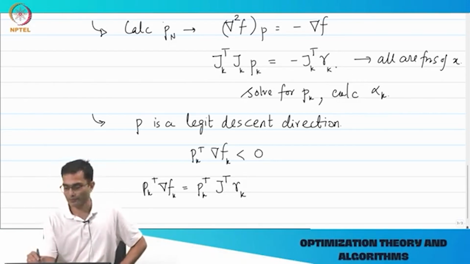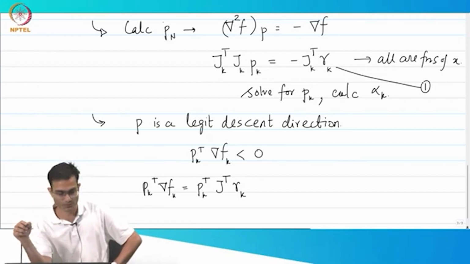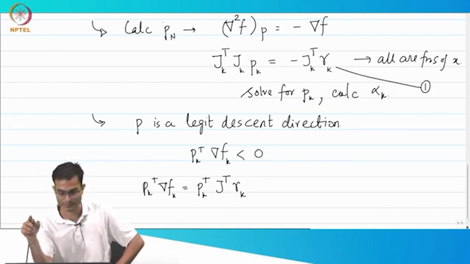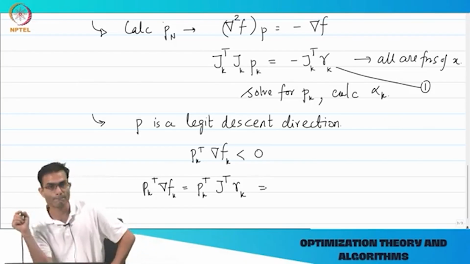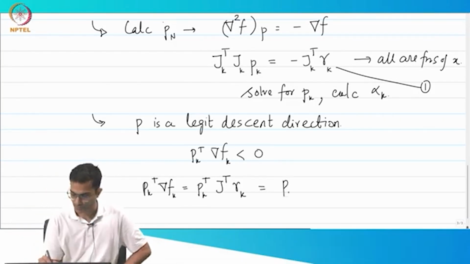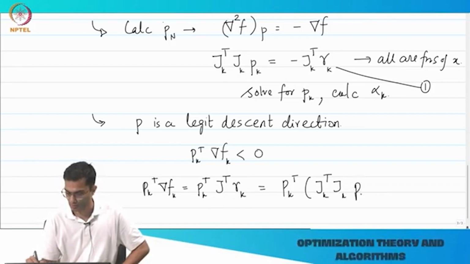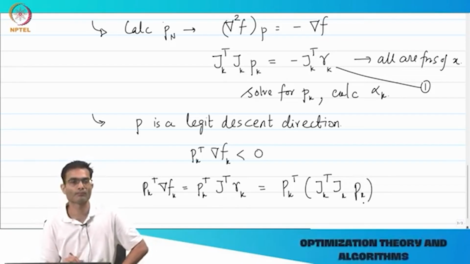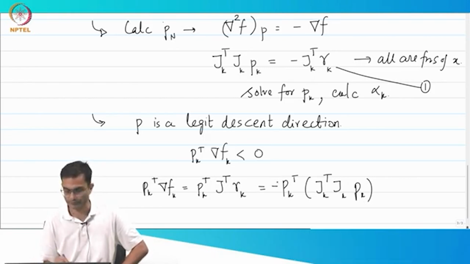I have this equation over here, which has an expression for J transpose rk exactly inside it, so I can substitute this in here. Is everyone with me on this? So this would become pk transpose J transpose J pk, and there should be a minus sign.